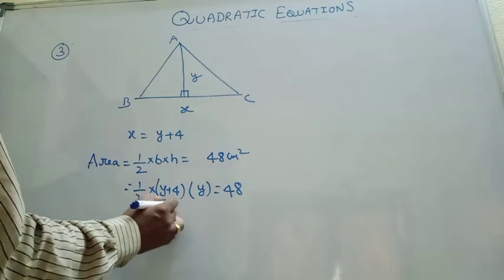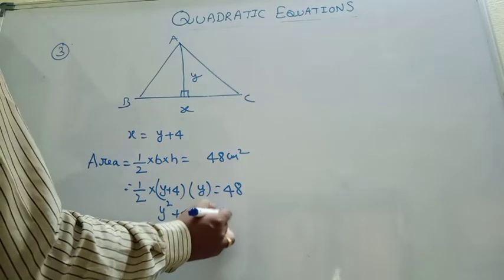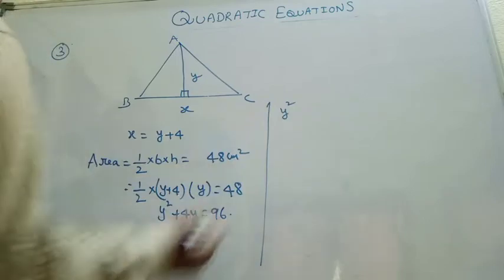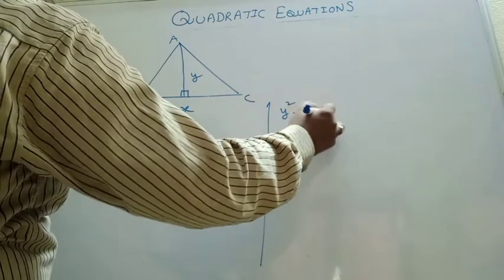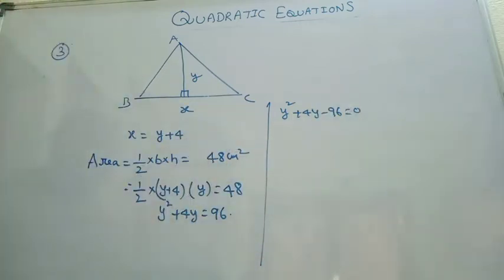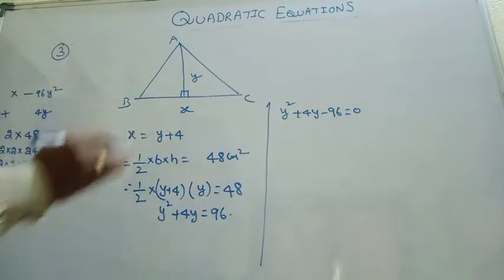Now y square plus 4y is equal to 48 into 2, that is 96. Now let us solve this one: y square plus 4y minus 96 is equal to 0. Now we have got a beautiful quadratic equation. Multiplied means minus 96 y square, adding means 4y.